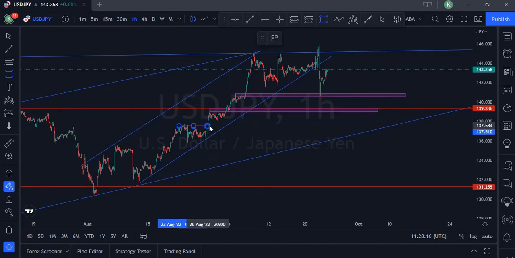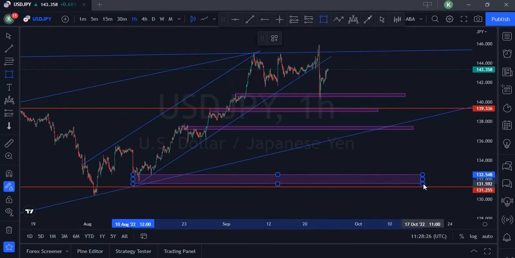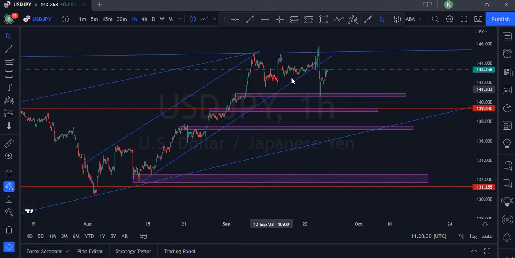I know it's too close, but let's put it here. Another take profit. Then the last take profit is this one, for this trend.